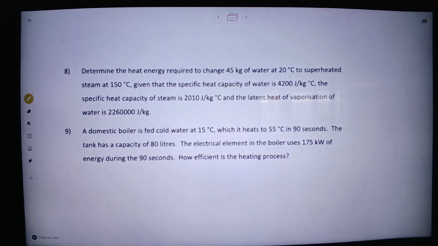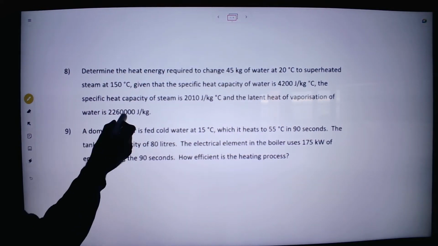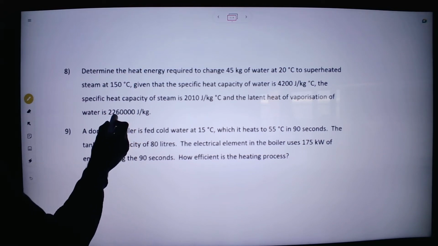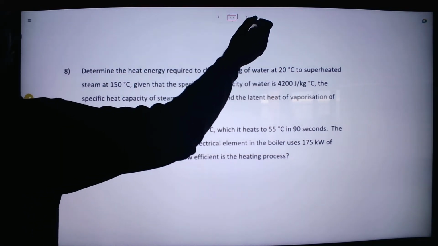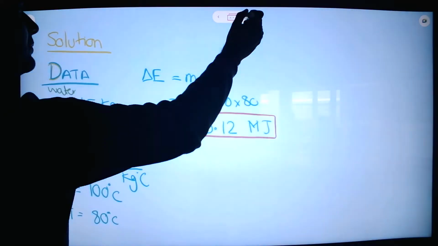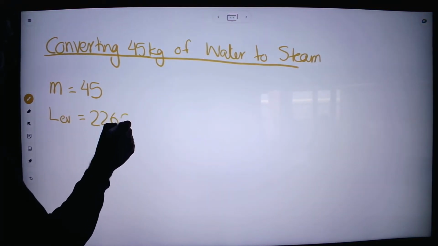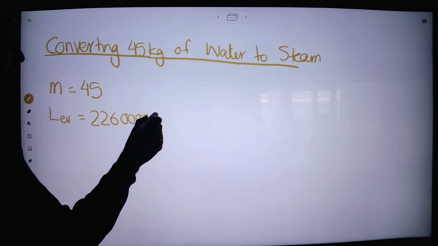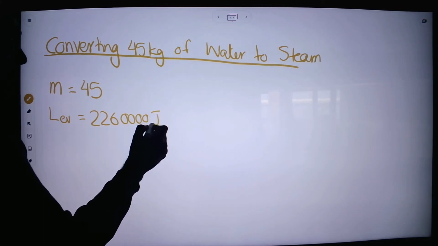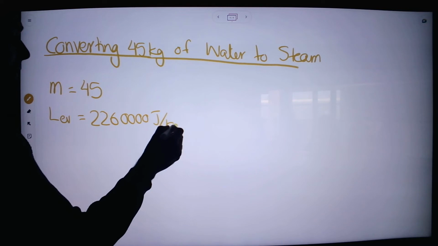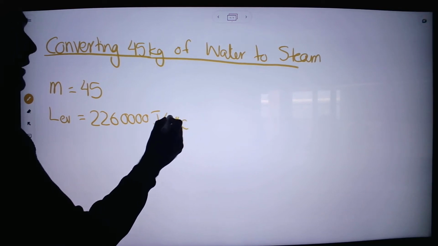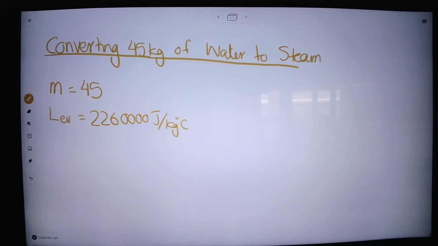A big number, 226 and 4 zeros. That's joules per kilogram. If you've got 1 kilogram of water, this is the energy you need to convert it into steam.